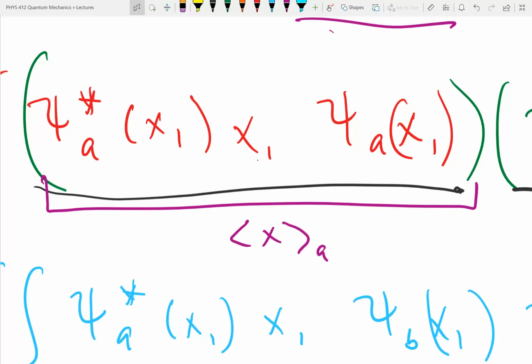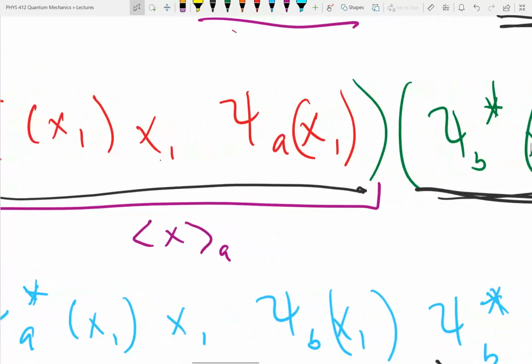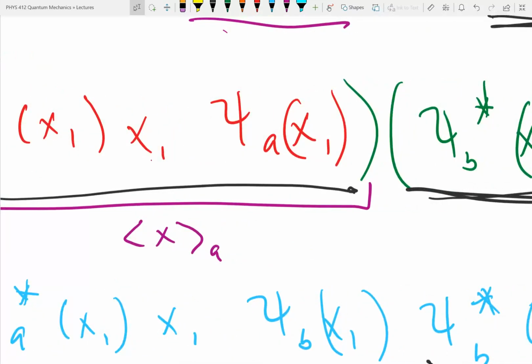So times a variable. If it was a constant, it would go to 0. You're right. Think about sine cosine. Or no, let's go to sine of n pi x over L times sine. So if it's sine of pi x over L times sine of 2 pi x over L.